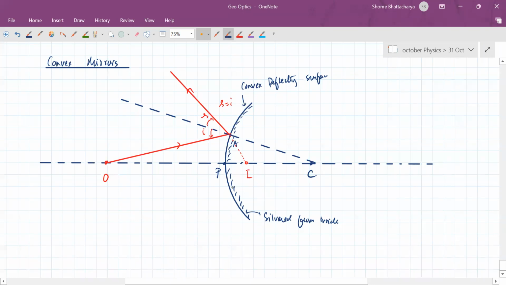To find the relationship between the three distances, object distance, image distance, and center of curvature's position, we will again incorporate the same kind of method.